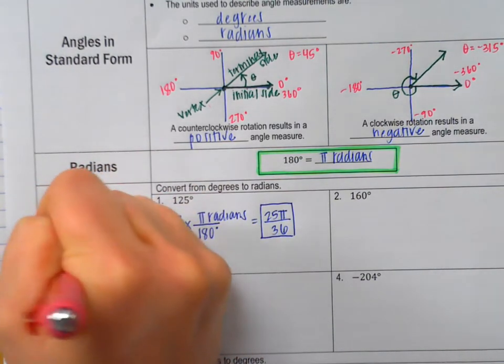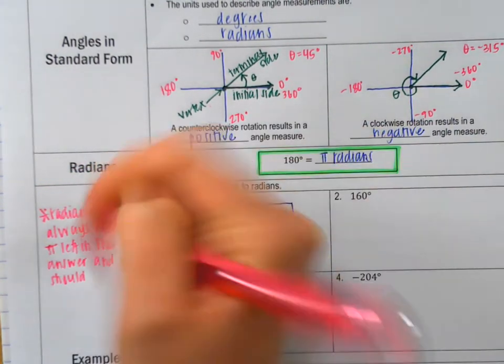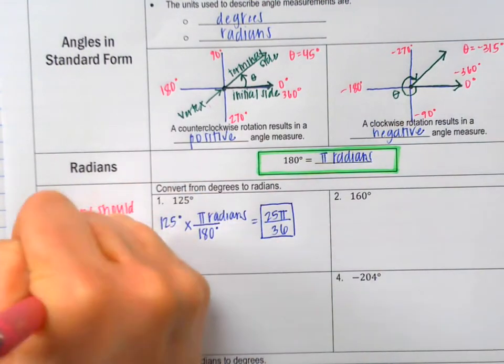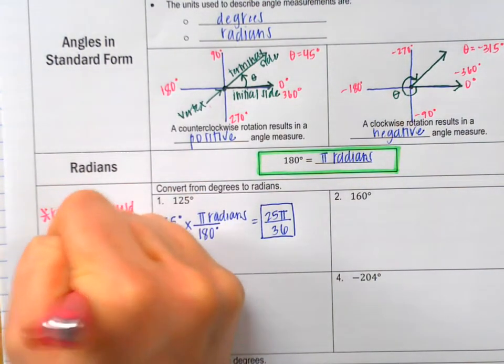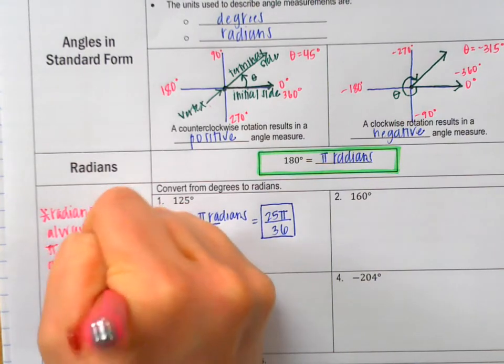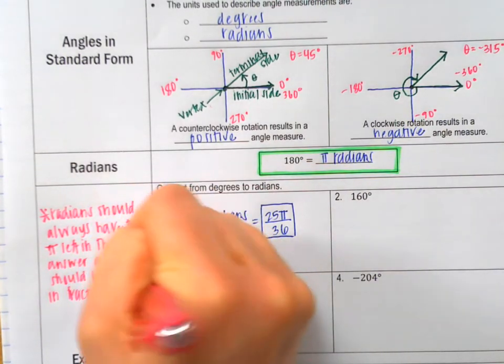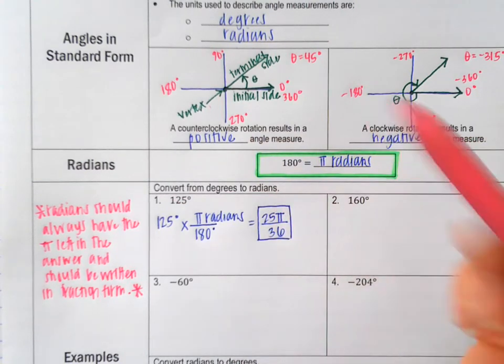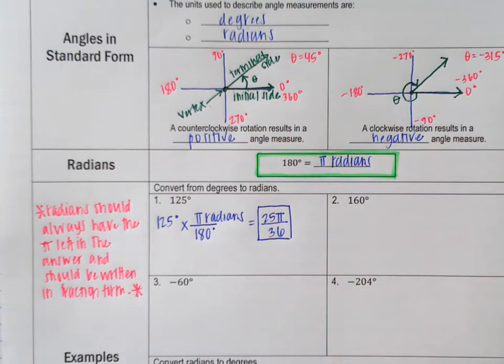And they should always be written in fraction form. So, two things of what that means. The pi, basically what that's saying, leave the pi there, don't multiply it out. So don't multiply 25 by 3.14 and so on. And then always leave it in fraction form. So you shouldn't be writing radians in decimal form at all.